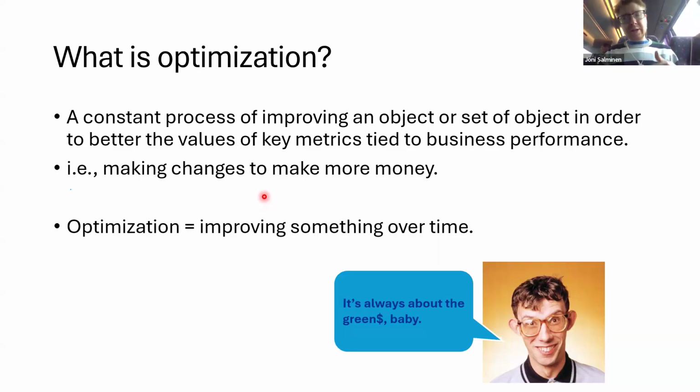The background is that the action they will take is somehow financially beneficial for us. So it's tied to business performance. Yeah, so conversion optimization is a type of optimization, and optimization deals with improving something over time.